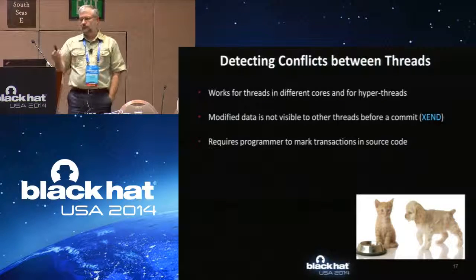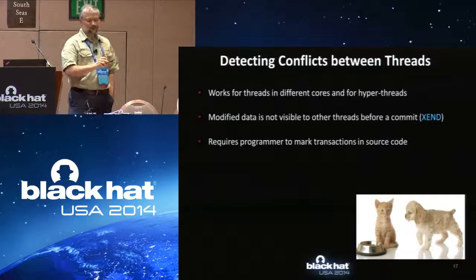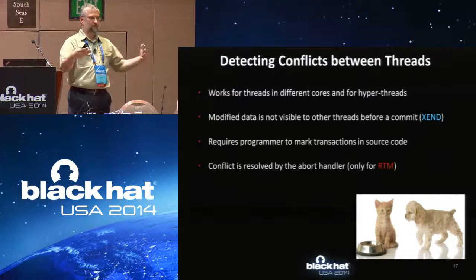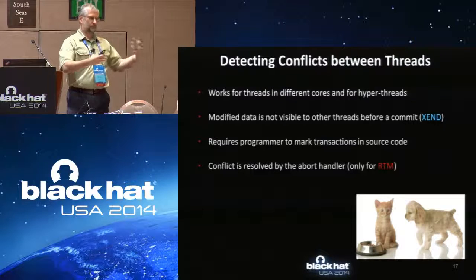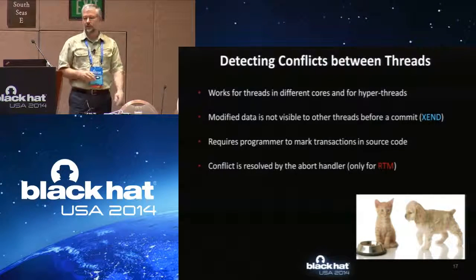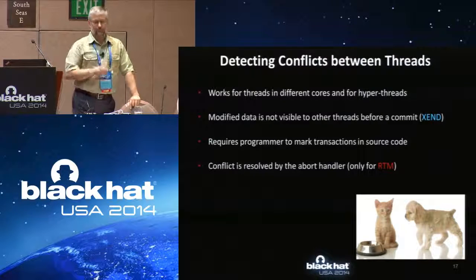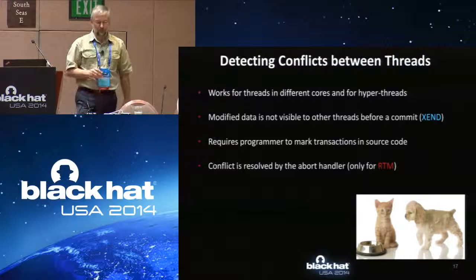In normal mode, we require programmers to mark transactions in source code, and they need to resolve a conflict if two threads conflicted by one doing read, another doing write, or both doing write to the same location. The programmer has to resolve that problem, like we saw in the example. In the worst case, one has to revert to a standard locking mechanism.